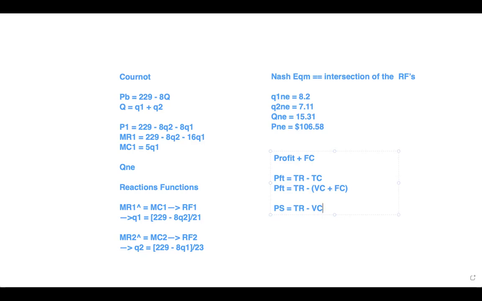And again, the idea is that producer surplus is a measure of the economic return to the business, and it's from a forward-looking perspective. And fixed costs in economics are assumed to be sunk, which means they're unrecoverable. And so it's a benefit to the producer if any amount of money they receive from selling their product covers those fixed costs, because otherwise those fixed costs would just be a loss that was incurred.